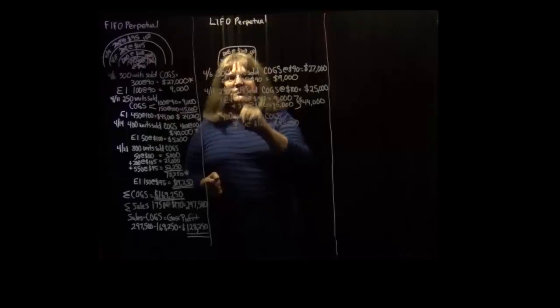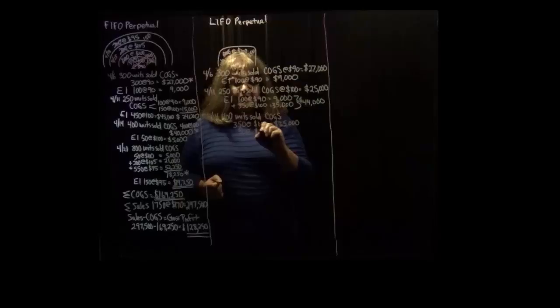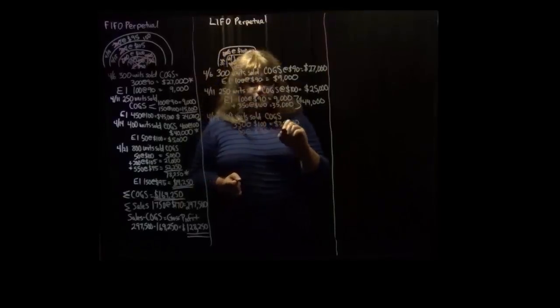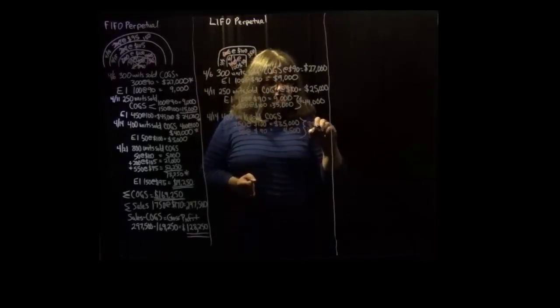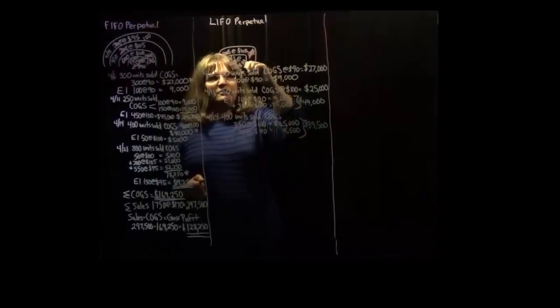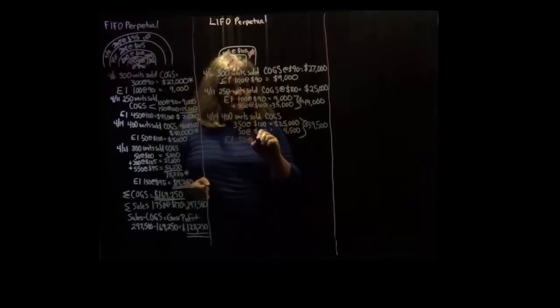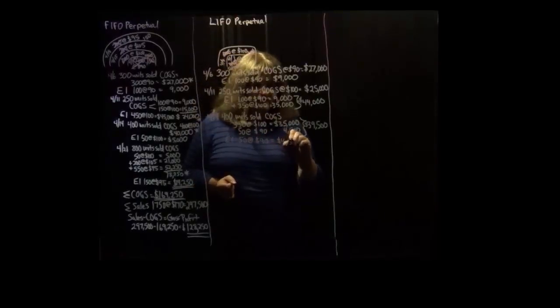And then the other 50 that we sold were from the bottom layer that had each cost us 90 for a total of 4,500, giving us total cost of goods sold of 39,500. The ending inventory then is going to consist of, those will be gone, this will be down to 50. And so that's the 50 that we have left, 50 that cost us 90 for a total of 4,500.